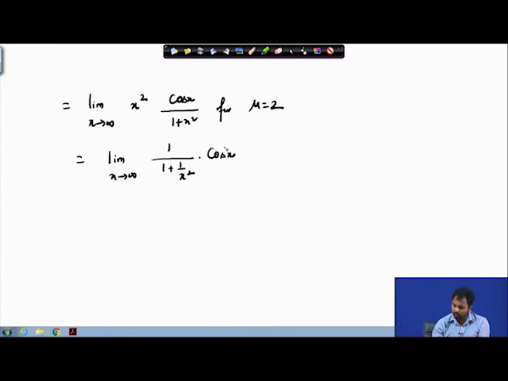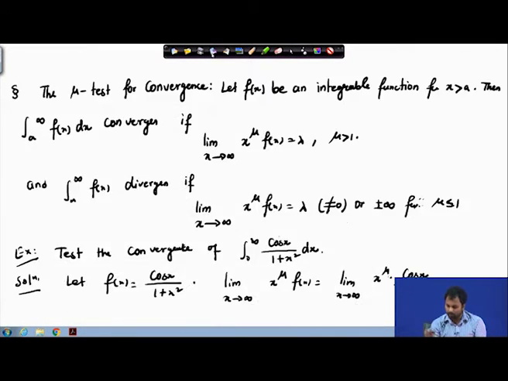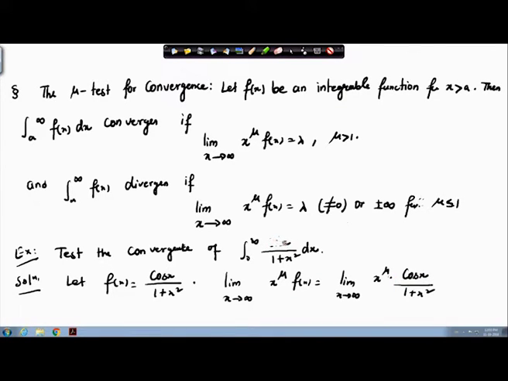and for the time being, just to make the example a little bit simpler, because I do not want to complicate it, let us start with just 1 instead of cos x.